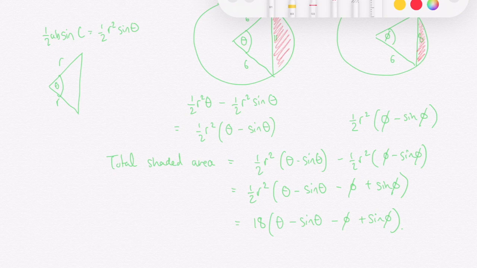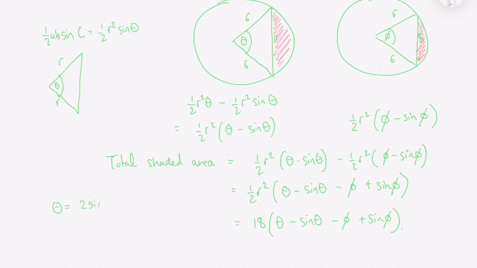If we make those substitutions of theta equals 2 sine inverse of 5.5 over 6 and phi equals 2 sine inverse of 2/3, we end up calculating the total area is 20.18 centimetres squared to 2 decimal places.